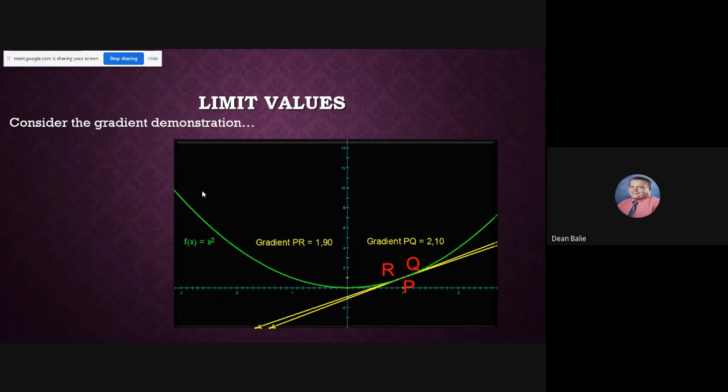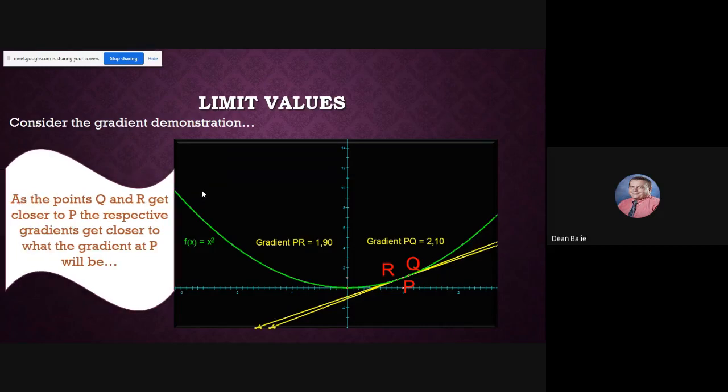Hopefully the exercise you did yesterday reinforced the idea that we're getting closer and closer together with the 2 points, and you would have seen that the gradient values were approaching a particular number. That's the concept we're going to work with today and build on.